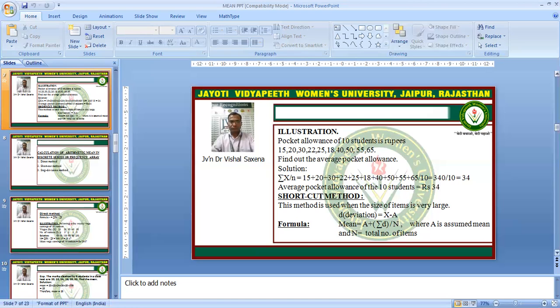N represents the total number of items in this formula, and X represents the value of data, while D is called the deviation. Deviation is taken by A from the data, so that D becomes X minus A. So D is equal to X minus A.